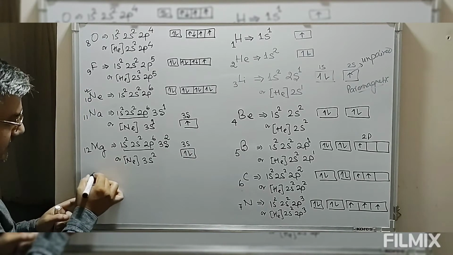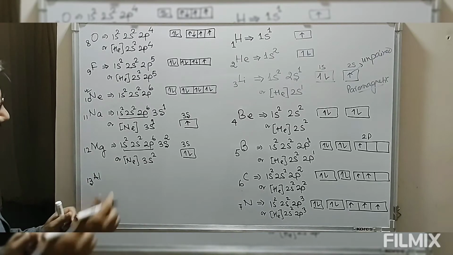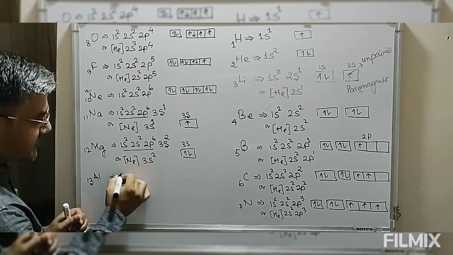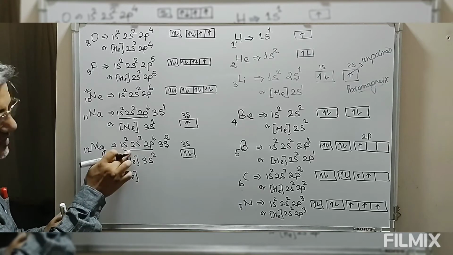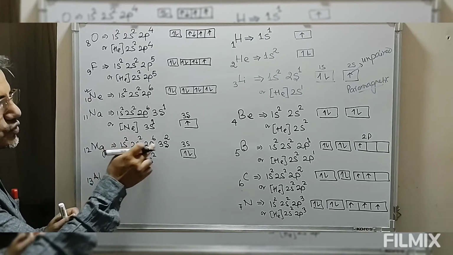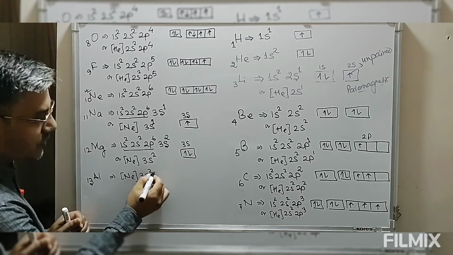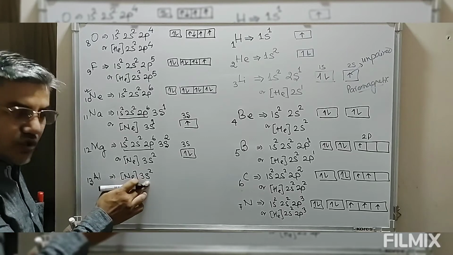Then we have aluminium, atomic number 13. After 10 we have neon, so we can simply say this is the configuration of neon, because we have 1s2, 2s2, 2p6. Then we have 3s2. Now s is completely filled, with 2 electrons in the s orbital.